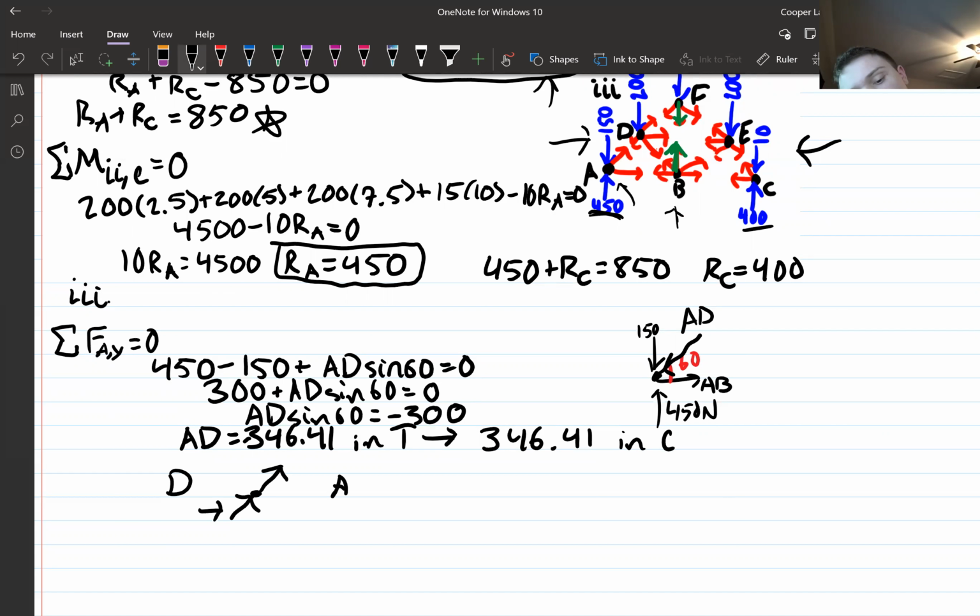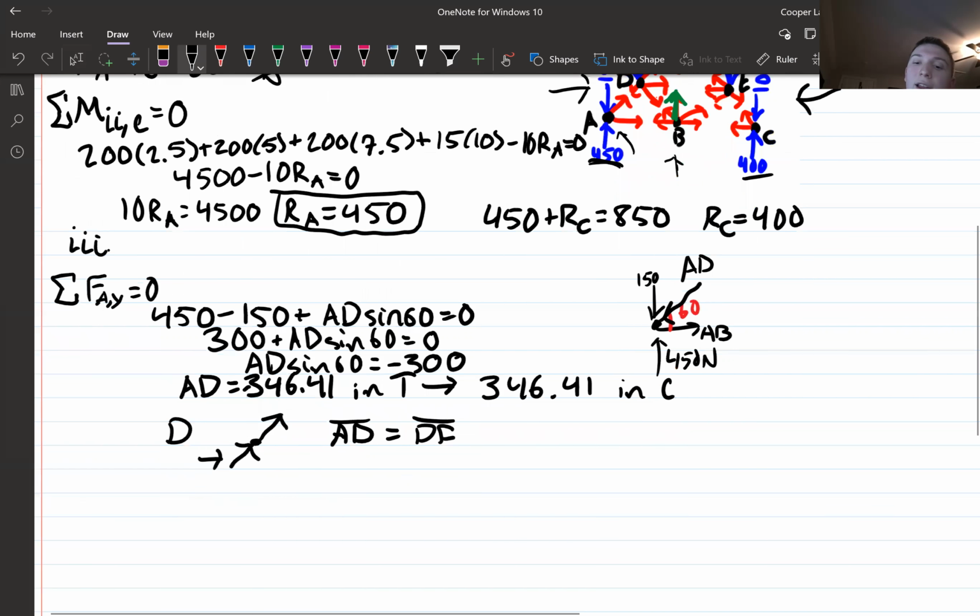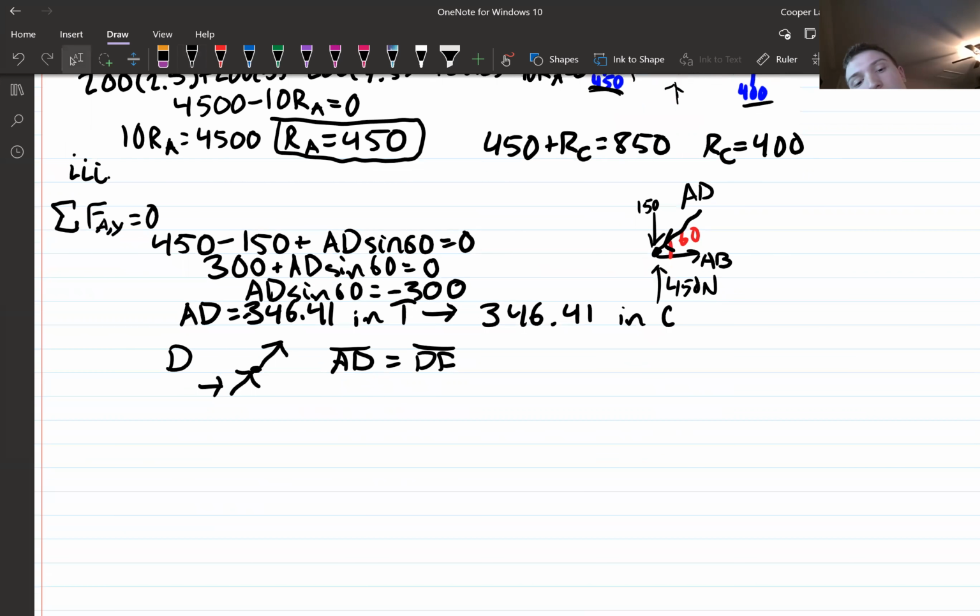So AD actually equals DF, which means that because AD is 346.41 in compression, so is DF. DF equals 346.41 in compression.